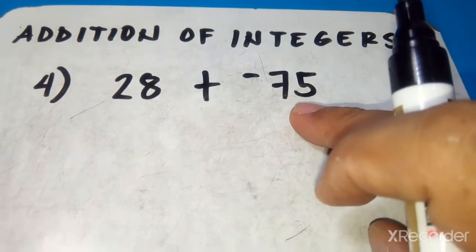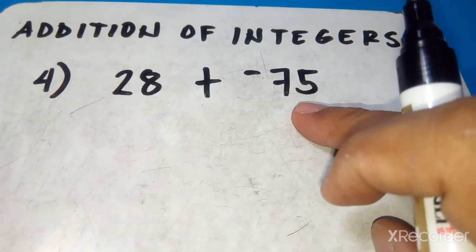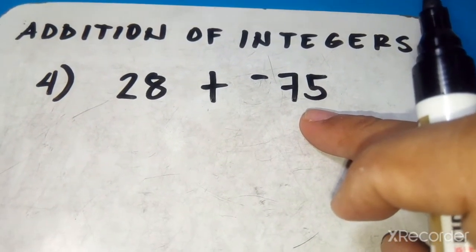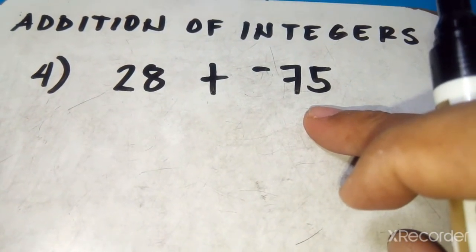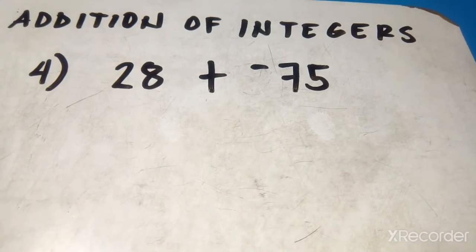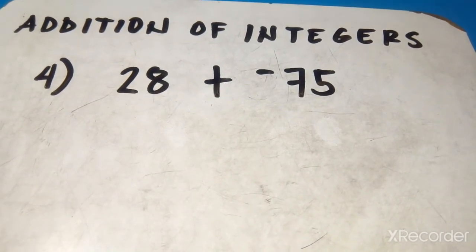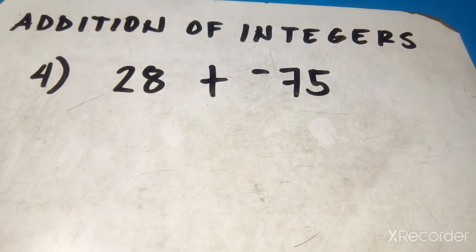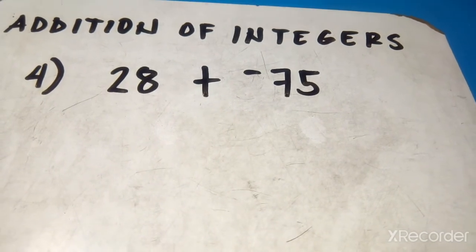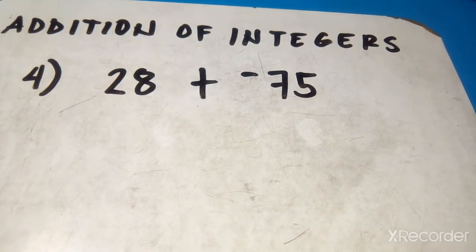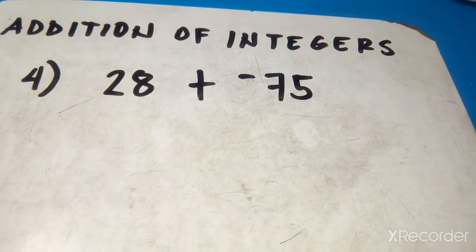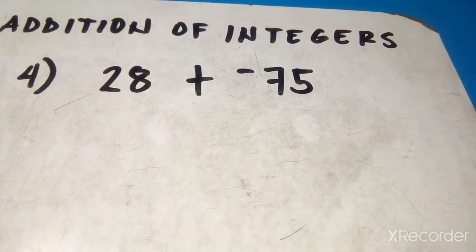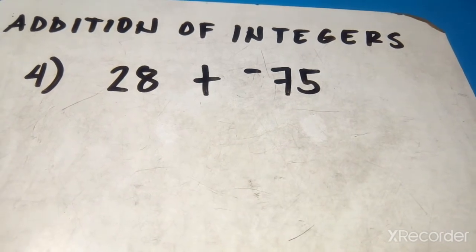Okay, so as we all know, to add integers with different signs, we have to subtract the smaller absolute value from the bigger absolute value, then copy the sign of the integer with the greater absolute value.